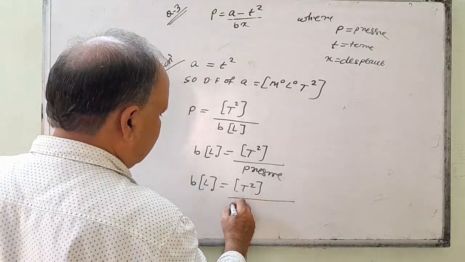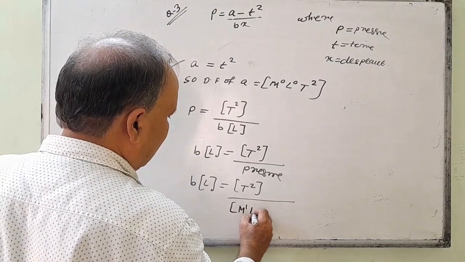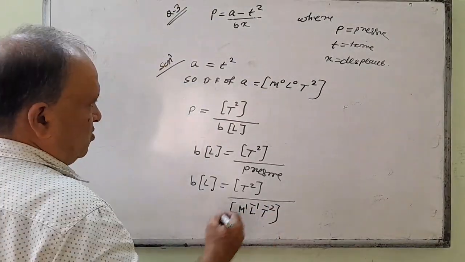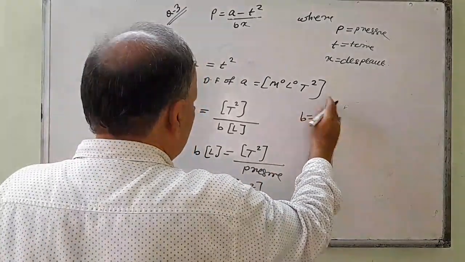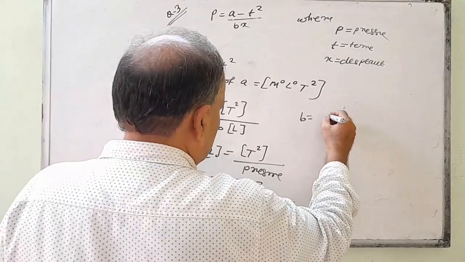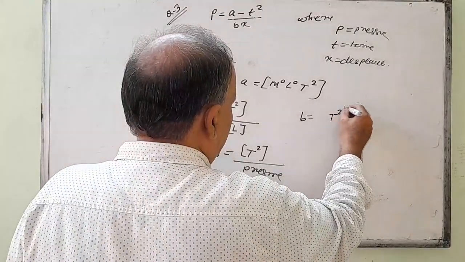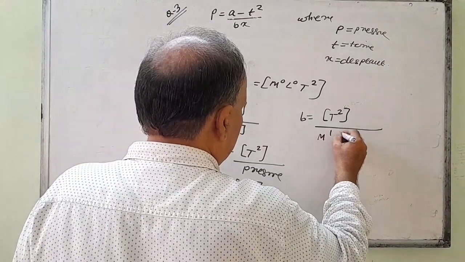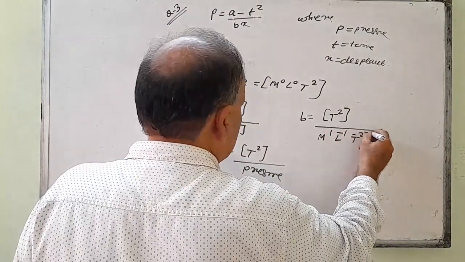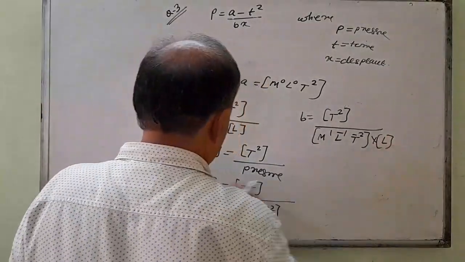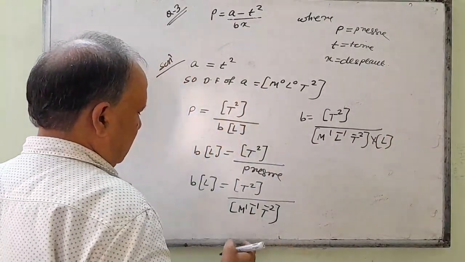We can write M1 L to the power minus 1 T to the power minus 2. So B is equal to, you can write, T square divided by M1 L to the power minus 1 T to the power minus 2 into L. You take L to the denominator side.